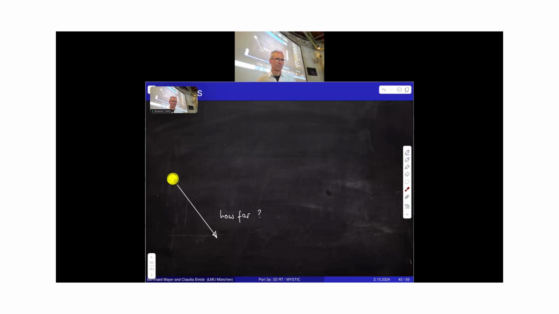You could say distance, so then you need to calculate the probability with extinction coefficient times distance. The exponential of that is the survival probability. You can also think in optical thickness. That's much easier. So if you think in optical thickness, the survival probability is just the exponential of minus tau.